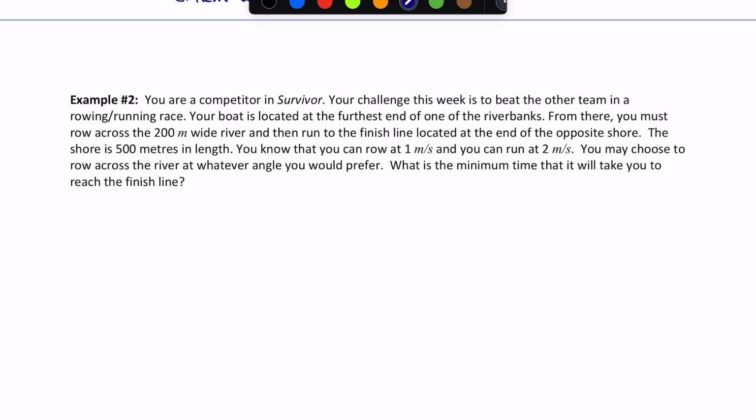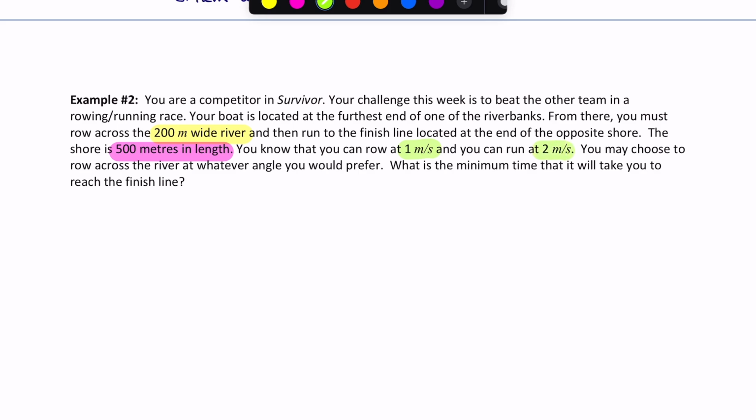So now let's take a look at this second question. It says you are a competitor and survivor. Your challenge this week is to beat the other team in a rowing/running race. Your boat is located at the furthest end of one of the river banks. From there, you must row across a 200-meter wide river, and then run to the finish line located at the end of the opposite shore.